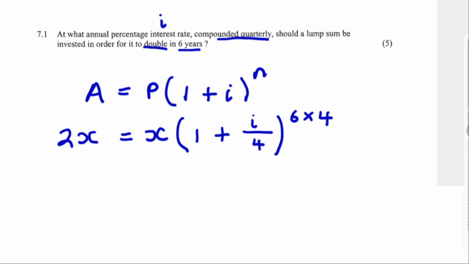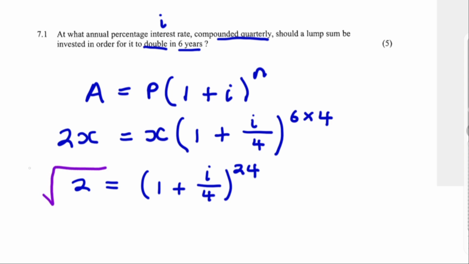So now if I go ahead and solve this, I can cancel x on both sides, and here I'm left with 2 is equal to 1 plus I over 4 to the power 24, and then I can take the 24th root on both sides.